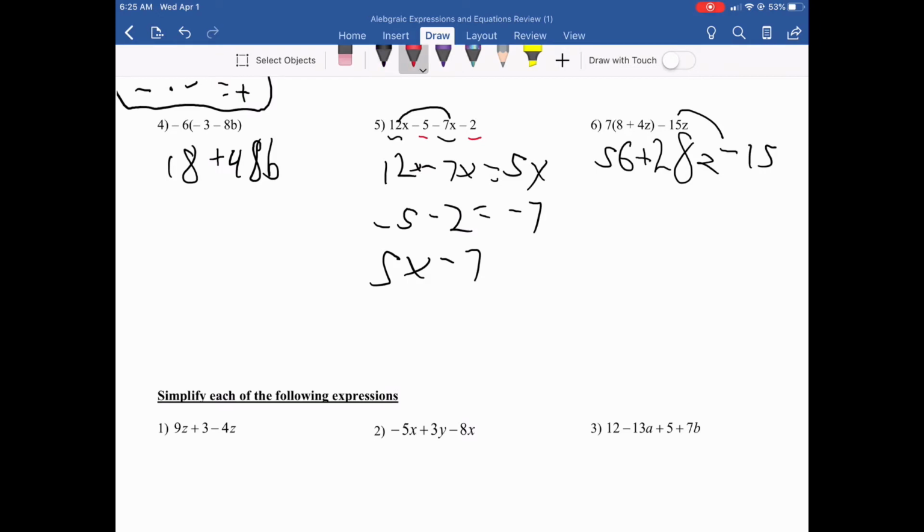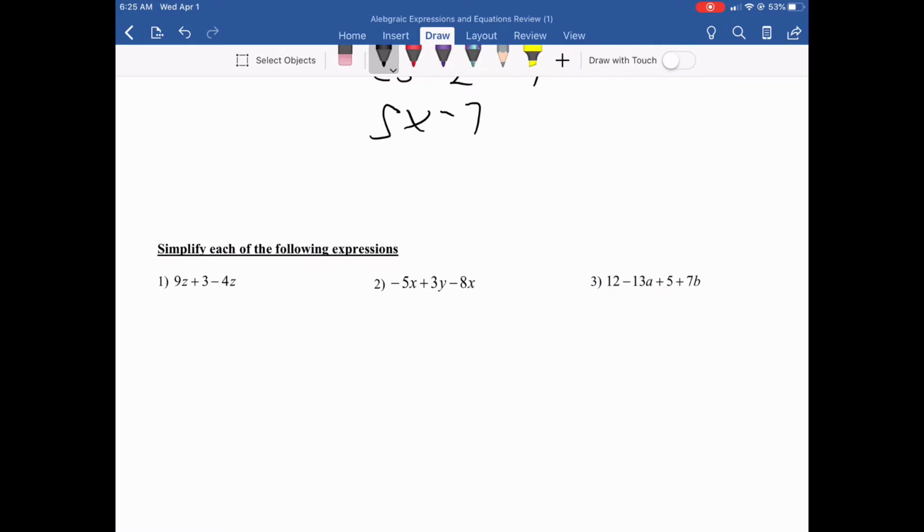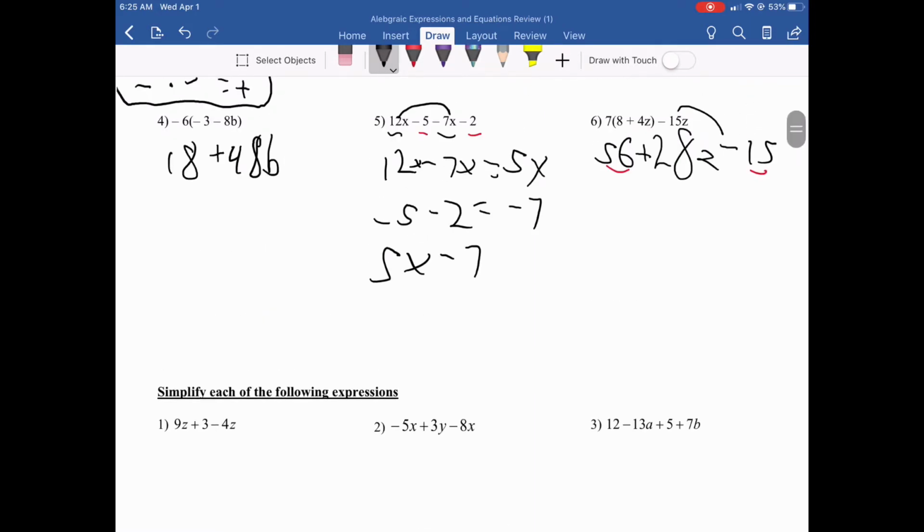Then we're going to look for the like terms, which are the whole numbers. 56 take away 15 equals 41. Sign is positive. Okay, so it's going to be 41 plus 28z.